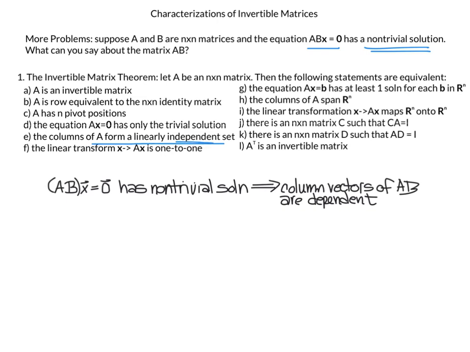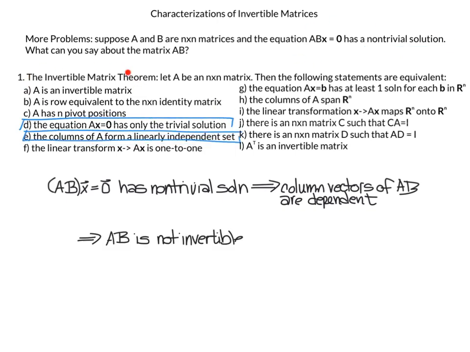So this matrix does not meet this condition. Actually, even more to the point, there's this condition: the equation Ax equals 0 has only the trivial solution, so this does not meet this requirement. What that means is the matrix AB is not invertible.